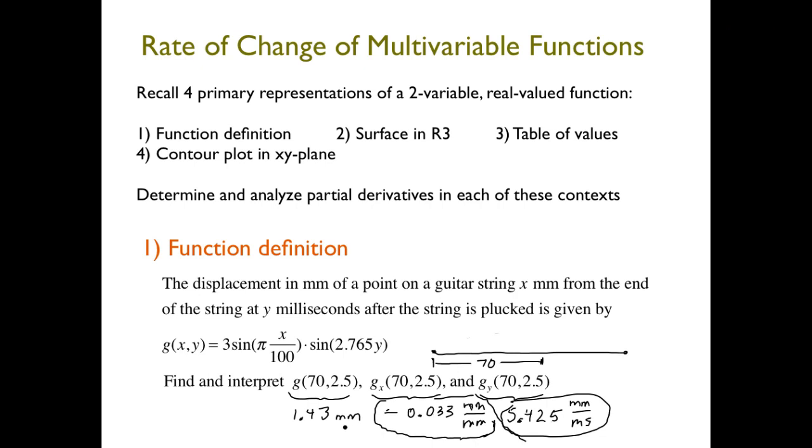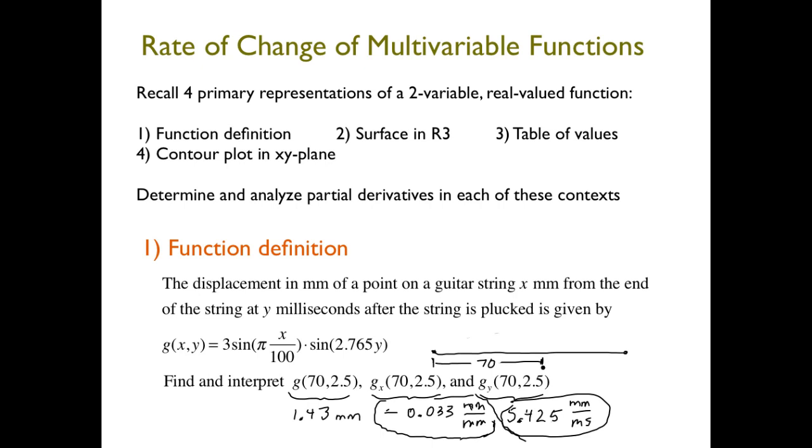Pretty much what the function definition says, displacement of these millimeters on a guitar string, x millimeters from the end of the string. Where from the end of the string? From the left, or origin. But 70, right? We know it's 70, right? And then we would point on the y at 2.5.